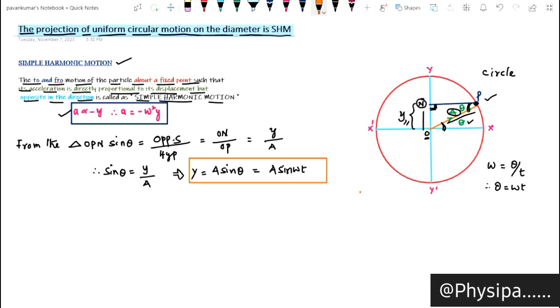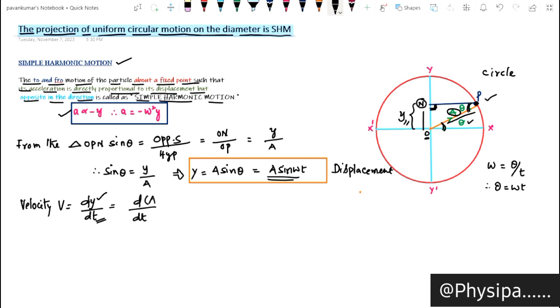Next, we have to calculate the velocity of this rotating particle. We know that velocity is equal to the rate of change of the displacement of the particle. So, velocity v is equal to dy by dt. Here y is the displacement of the rotating particle, and we have to differentiate this displacement with respect to time, which is d by dt of y. Y is the displacement, which is equal to A sin omega t.